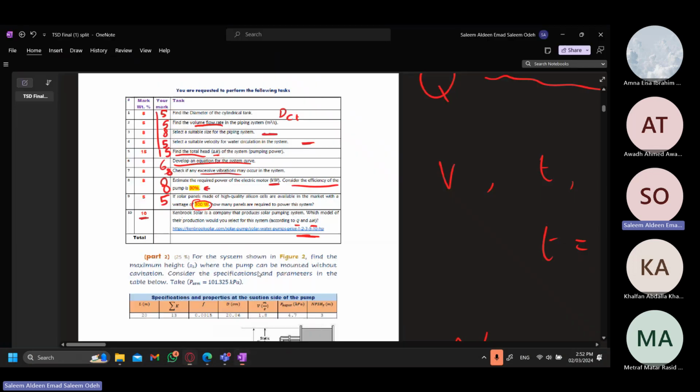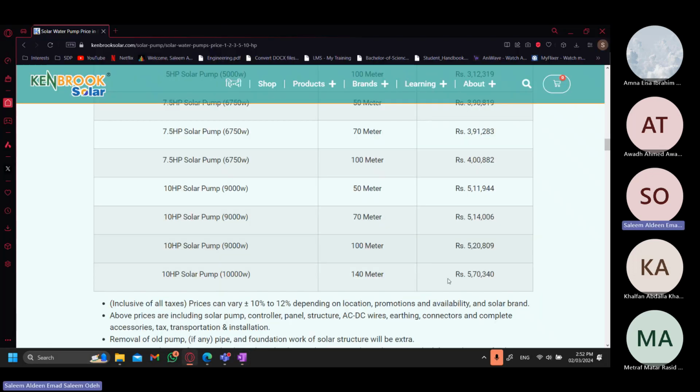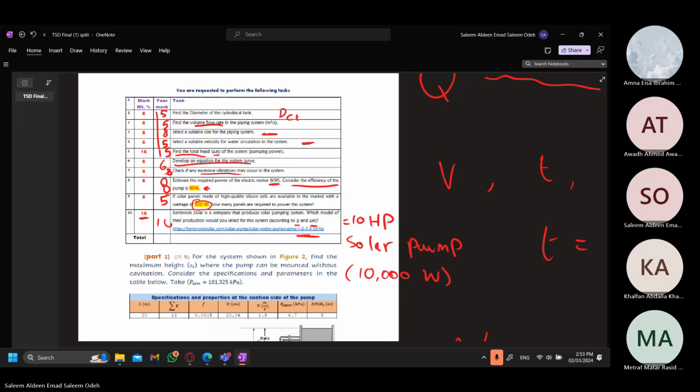So that is the answer that you'll give him. 10 horsepower solar pump, 10,000 watts. That's it. And that's an easy 10 marks.